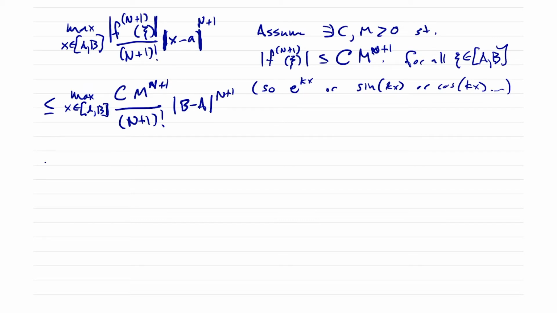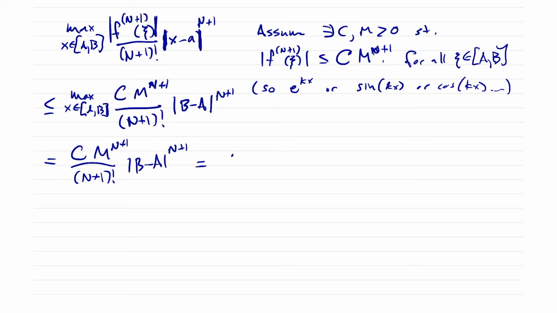Since I already selected a bigger value here, I can just drop the maximum because I replaced x, and so it's constant inside now. So this is c times m to the n plus 1 over n plus 1 factorial times b minus a to the n plus 1.